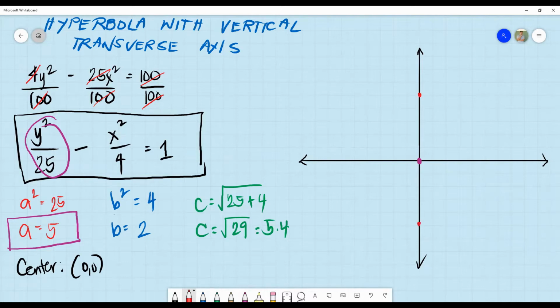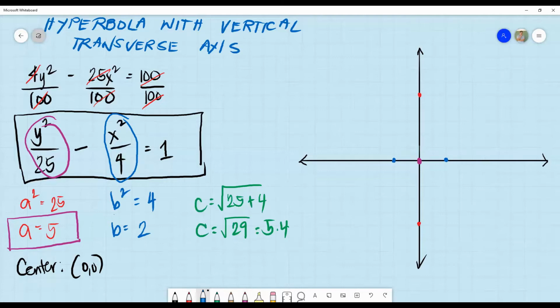There you go. And now for our b, take note that it is below our x squared. Since it represents the x-axis, we will be moving 2 units from the center to the right and to the left. So we will now count 2 steps to the right, 1, 2, and 2 steps to the left, 1, 2.